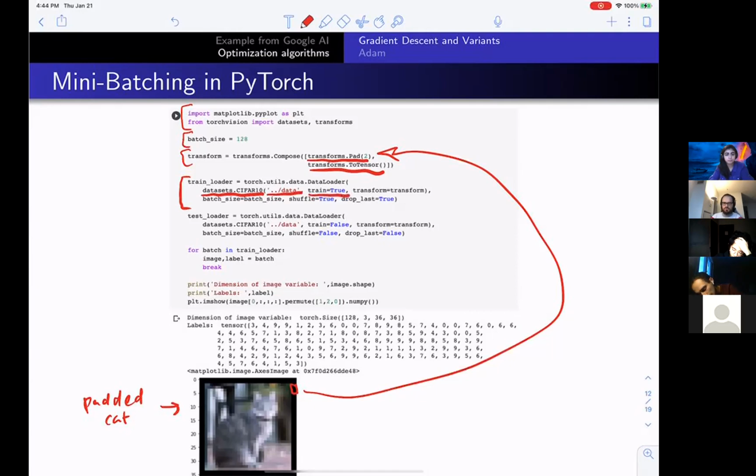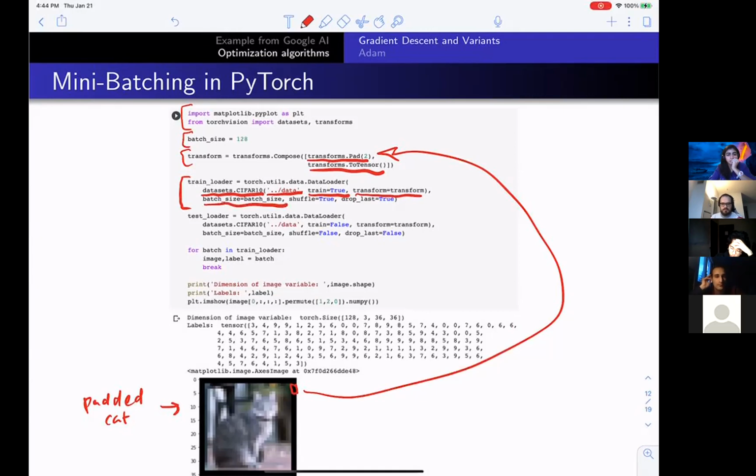And train equal to true means that we're going to be creating a loader for the train portion of the dataset. You remember there is a train and there is a test portion. Now, we're also passing the transform here, which is the transform that we're going to apply to all the images, as well as the batch size.